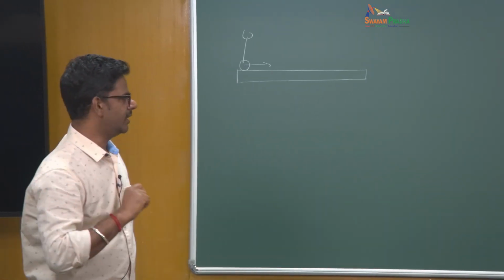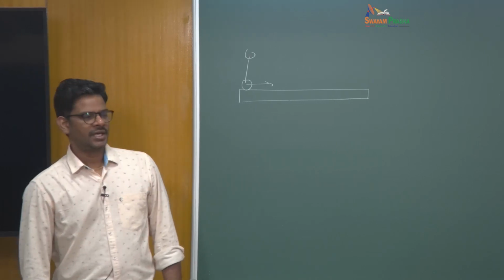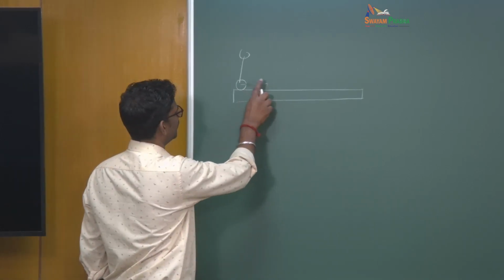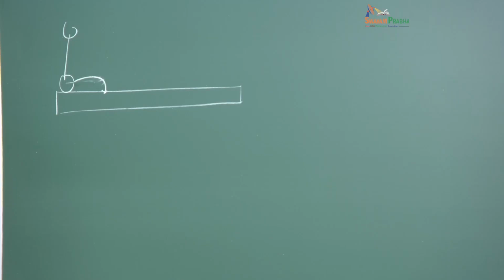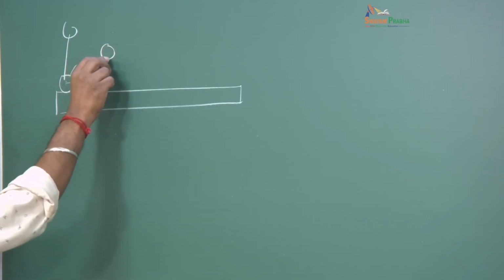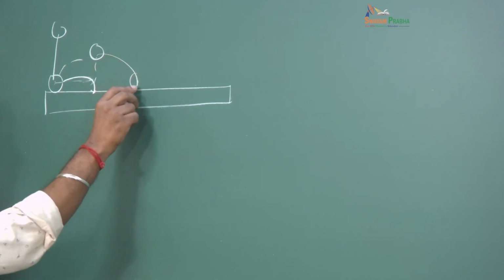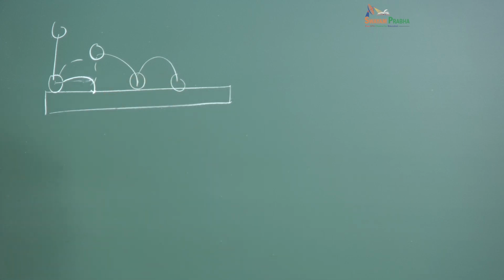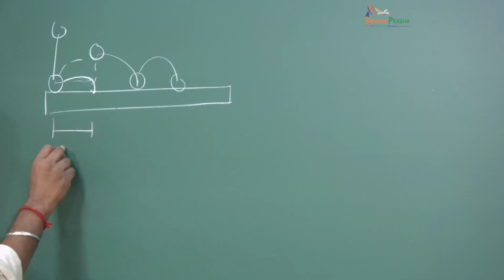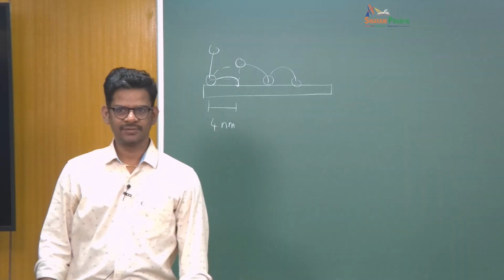Looking at the molecular mechanism of how this protein moves, it extends an arm and anchors itself, then throws another leg and anchors here, and then throws another leg. So it takes a discrete step walk, and people have measured that the step size is about 4 nanometers as far as kinesin is concerned.